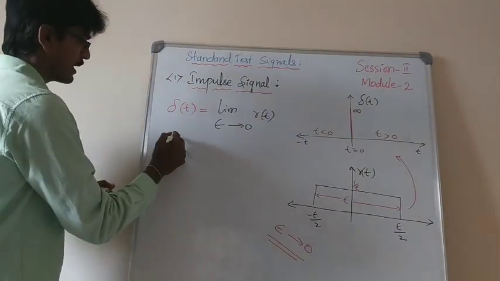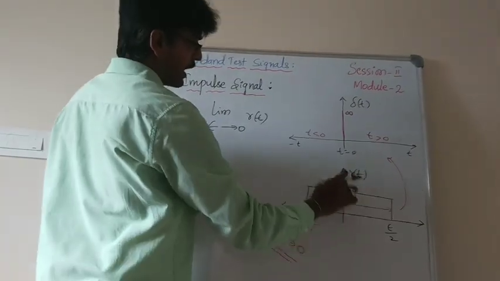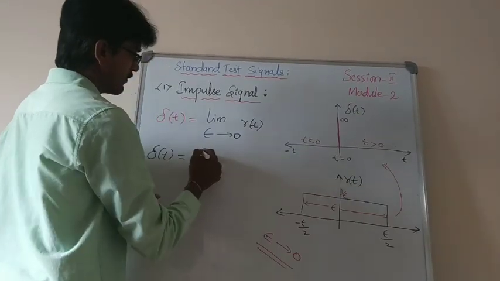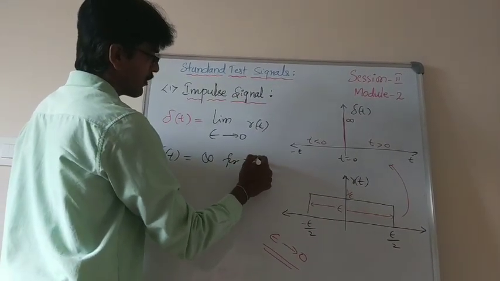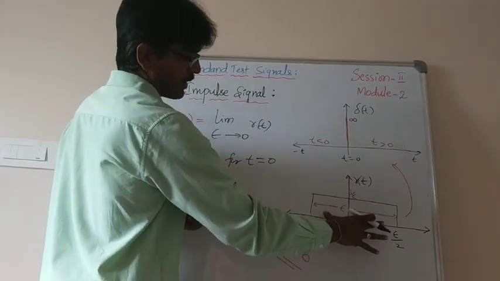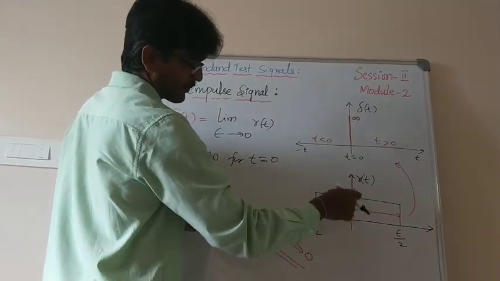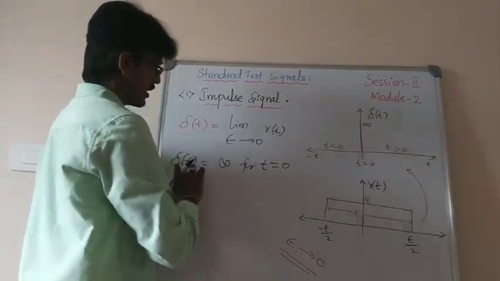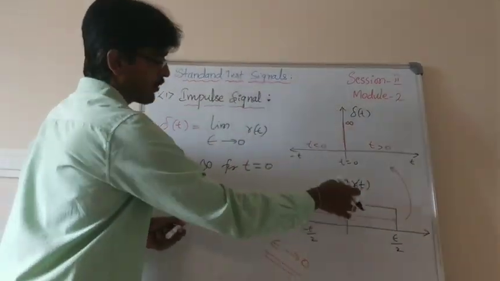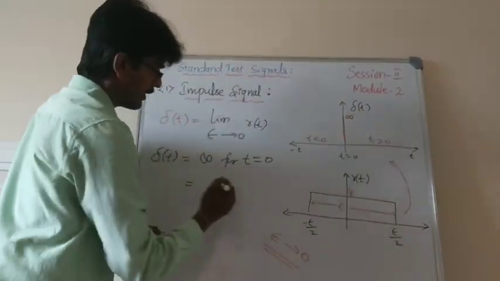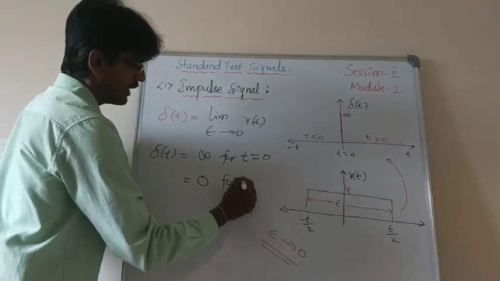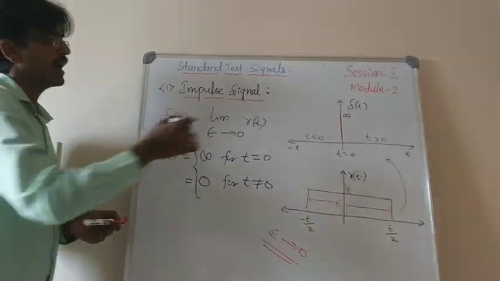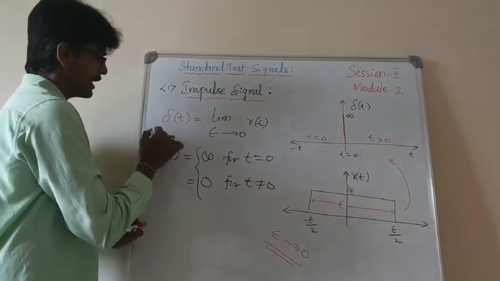If I make epsilon tend to 0, the value of r of t reaches infinity. Delta t becomes infinity for t equal to 0, and its value is equal to 0 for t not equal to 0. This is how an impulse function can be represented mathematically.